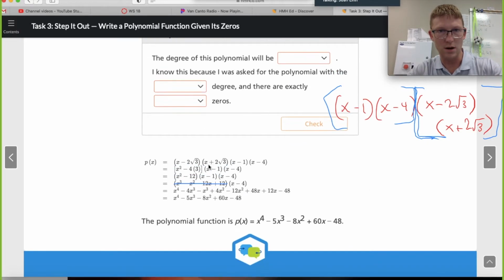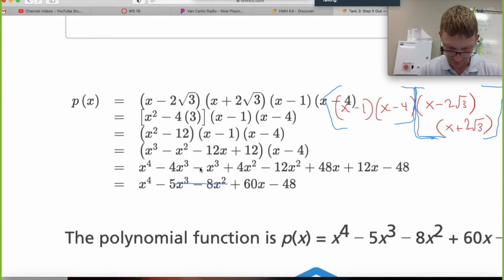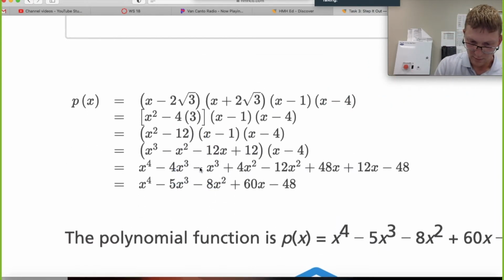That seems like a great idea, Mr. Lin. Let's zoom in. So they started here. They grouped these together. And when you multiply them out, this center factor is going to disappear.